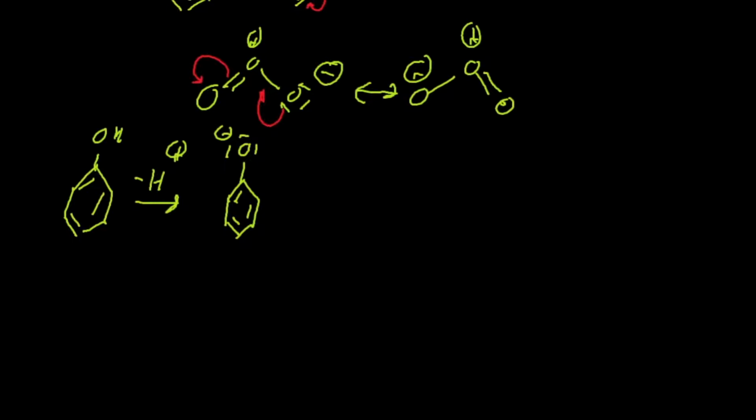But what now can happen is that one of those three electron pairs here moves over here, and then this bond here will move towards this carbon, and then you get the first resonance structure of phenolate, which looks like this.